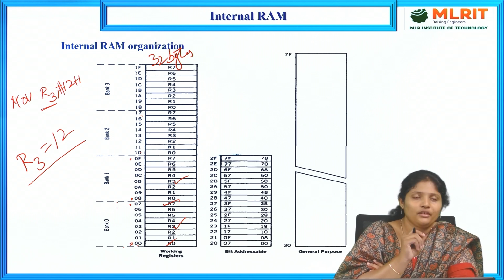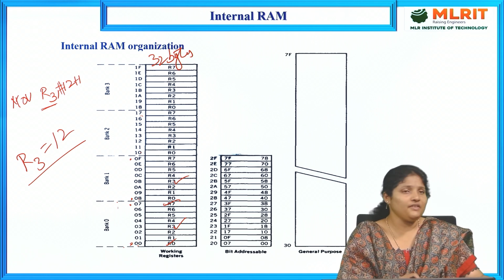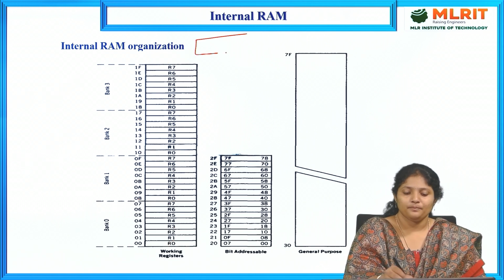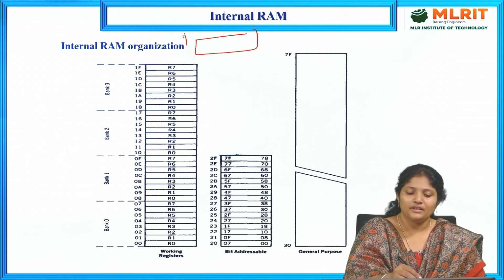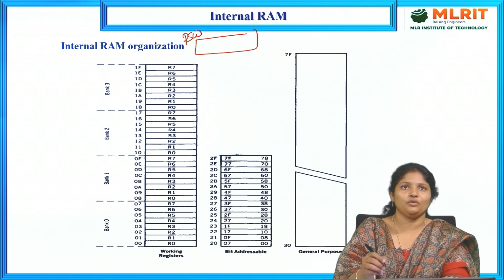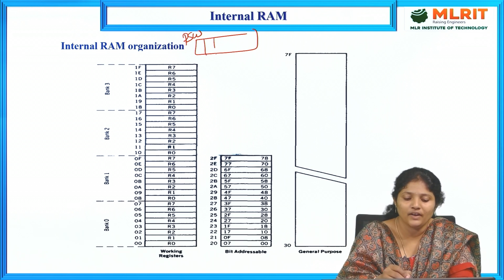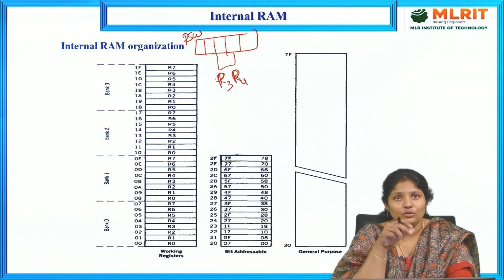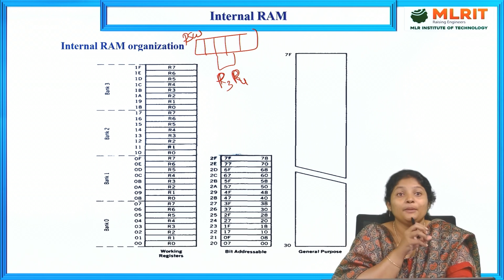As I already told you in the previous video while explaining the PSW, or flag register, the program status word of 8051, there are two bits, PSW.3 and PSW.4. These two bits select the banks.